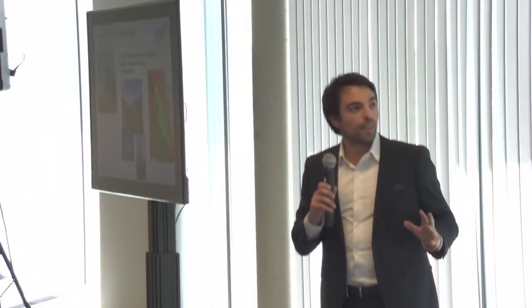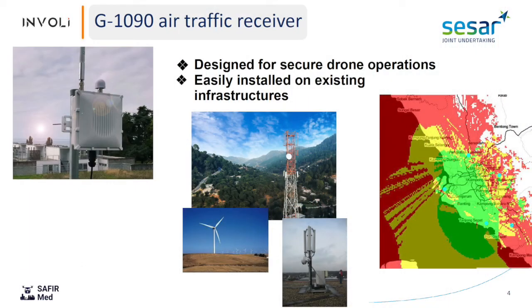So this receiver is very interesting in that case because it offers something that didn't really exist before. Before, we had secondary radar around airports, which is very expensive and hardly scalable, meaning that it's very expensive to cover wide areas.